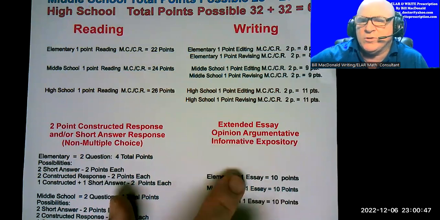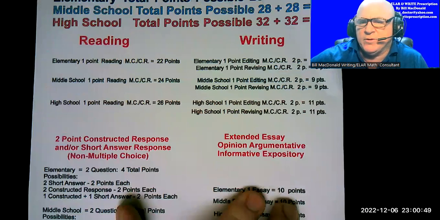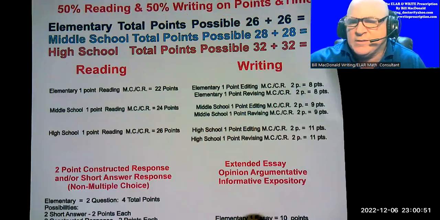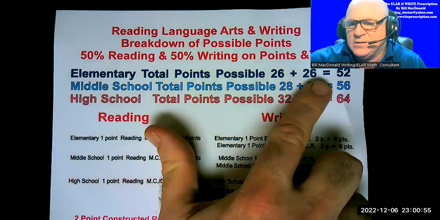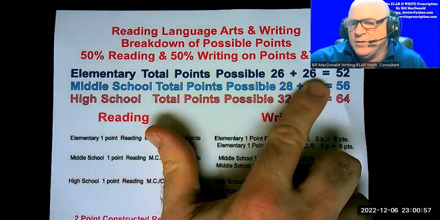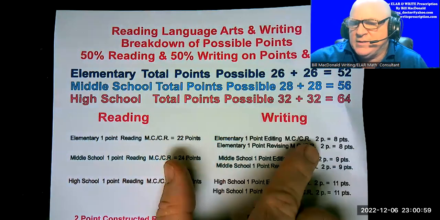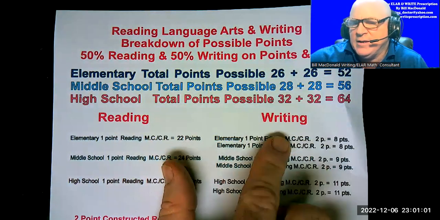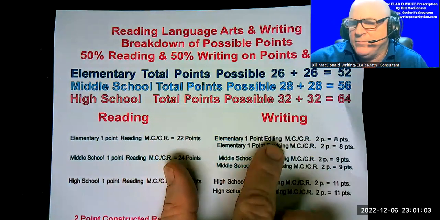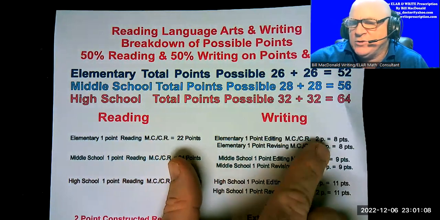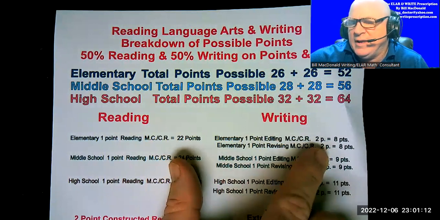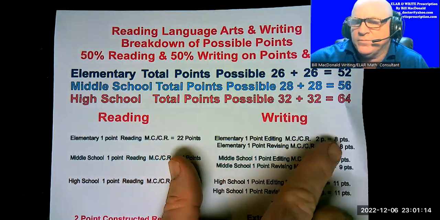So when you subtract, 26 minus 10 is 16. So in elementary, since editing and revising is part of the writing, that means that more than likely you're going to get two passages of editing and two passages of revising that will be worth 8 points each.